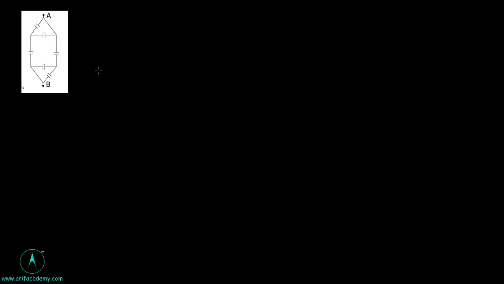Now see, we have to find the equivalent capacitance between points A and B. Again I am going to redraw the circuit.